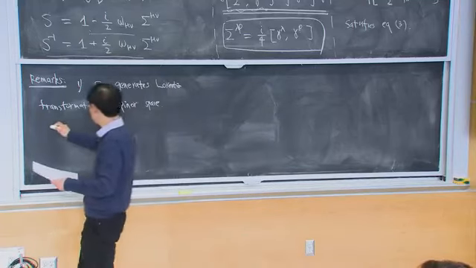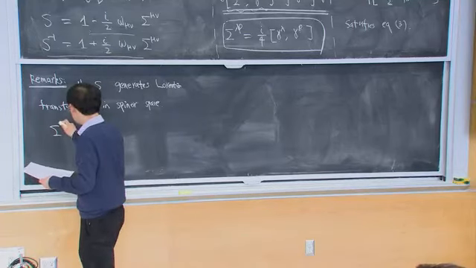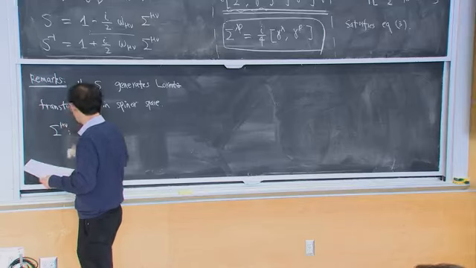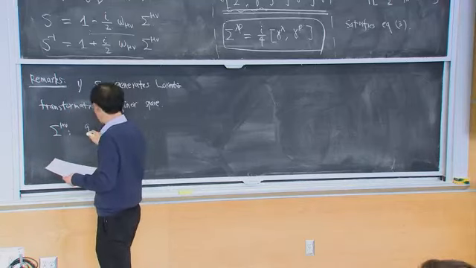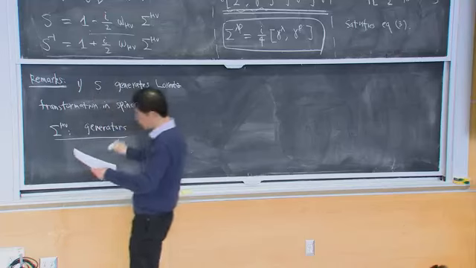So sigma mu nu, according to our standard terminology, is called the generator of the transformation. So these are the generators.